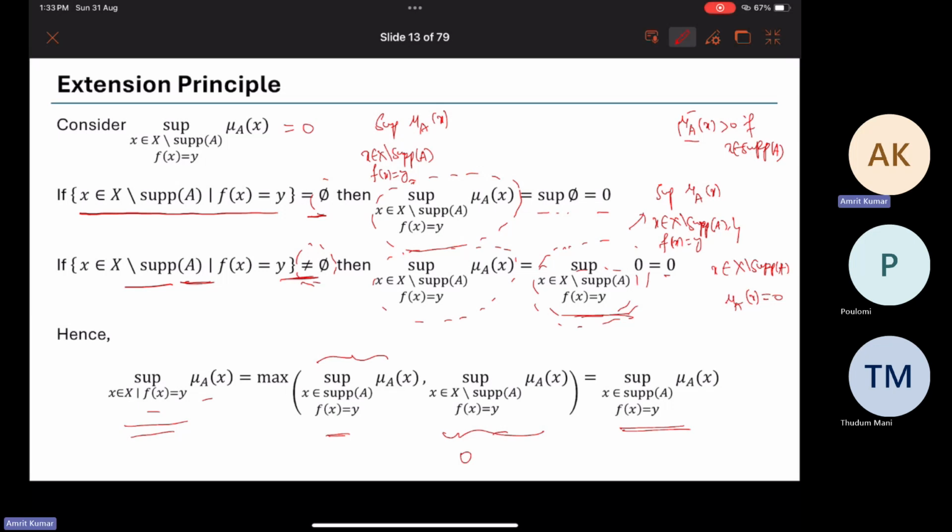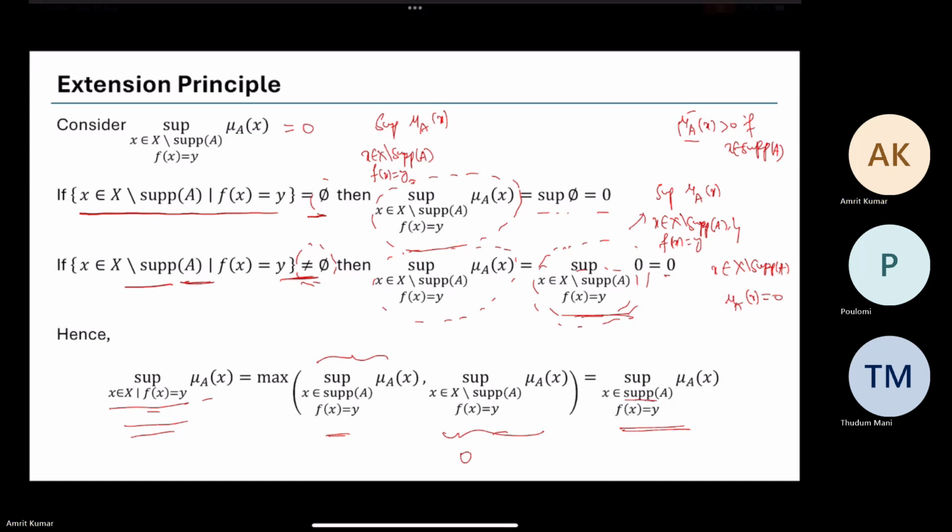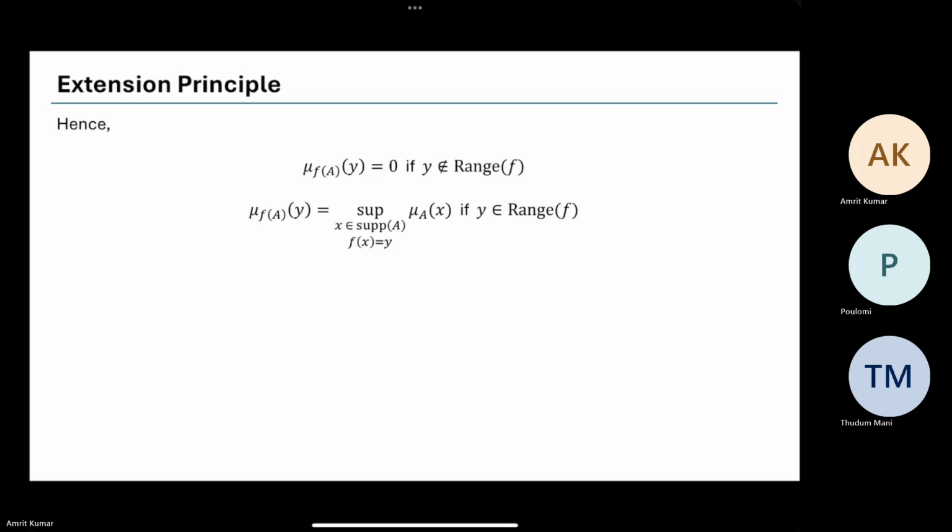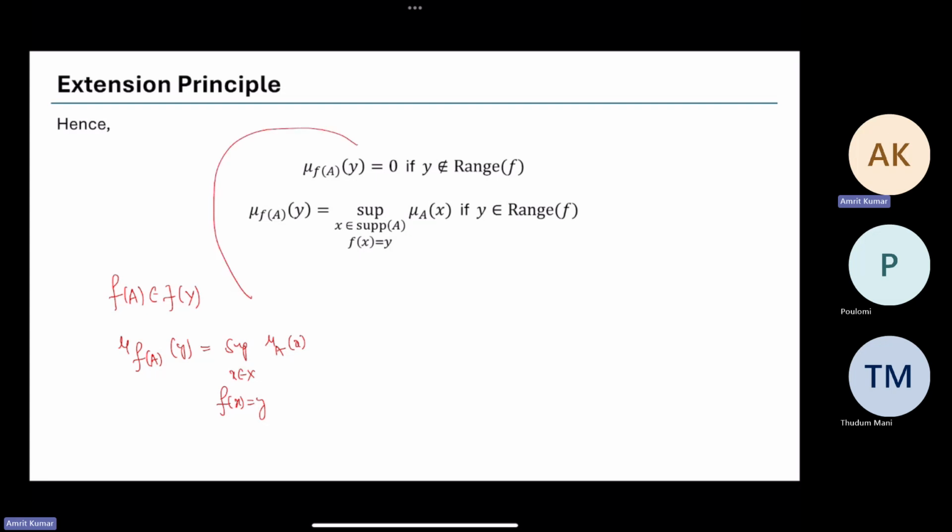So if we were to compute the supremum of mu A of x over all such x such that f of x equals y, it suffices to just focus on the support of A. Therefore, the membership function of f of A, which is this particular supremum, translates to this nice expression.